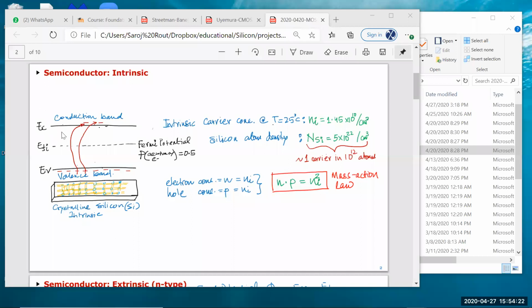The states still exist, but there are no electrons available in these states because of the low temperature. And as I start increasing the temperature, slowly one of them starts jumping, leaves a hole behind. And if the hole is in this band, it's kind of reversed, then they can conduct, right? So that's the idea of band diagrams.